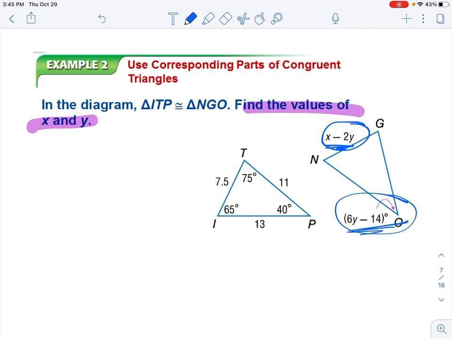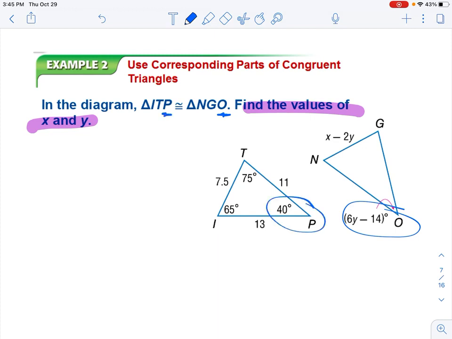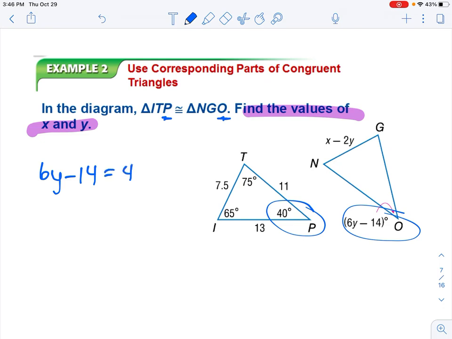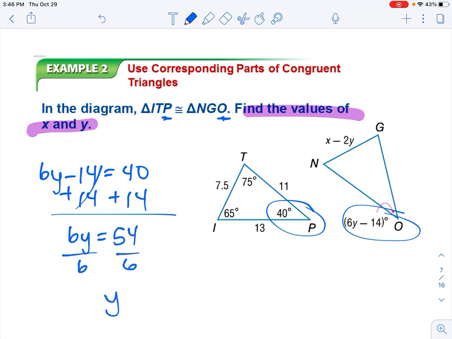I know that angle O is congruent to angle P, so I'll just set them equal to each other and solve. So I solve. Y is going to equal 9. Then I know that I need this segment NG equal to something.